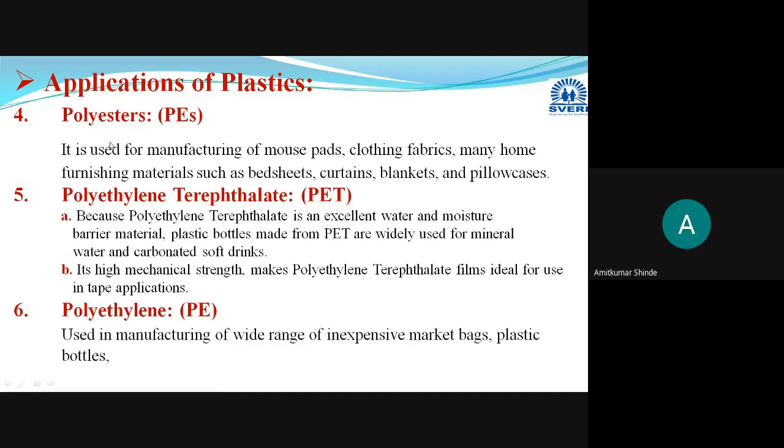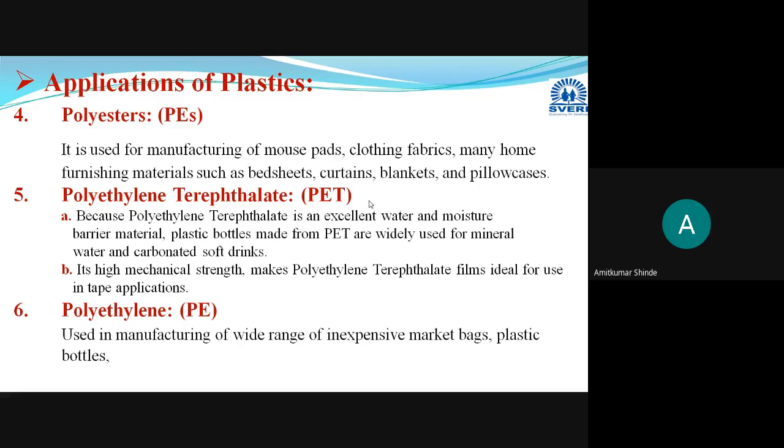I think you are already aware of these polyesters. They are generally used in the manufacturing of fibers or fabrics, like the fabrics we use in clothing. Then while using our computers or laptops, sometimes you attach a mouse, and the mouse pad for keeping that mouse is made from polyesters only.